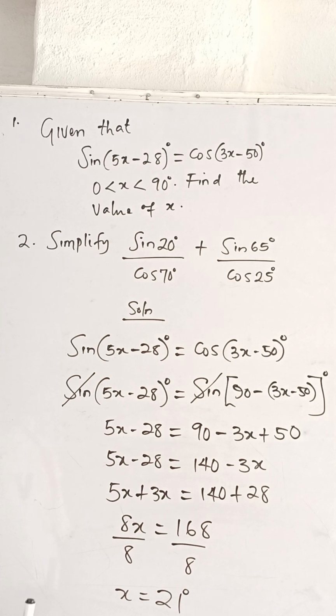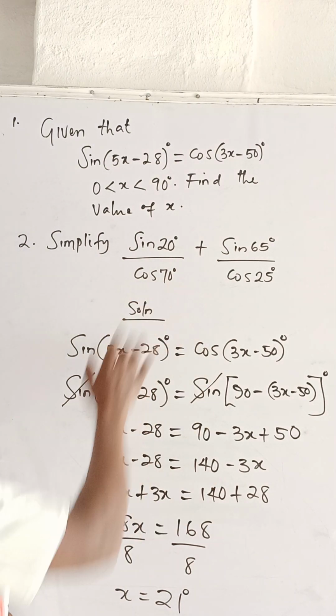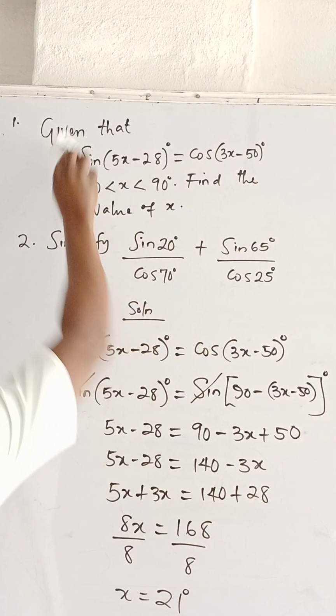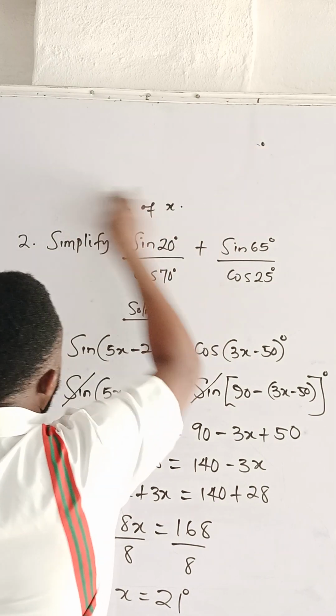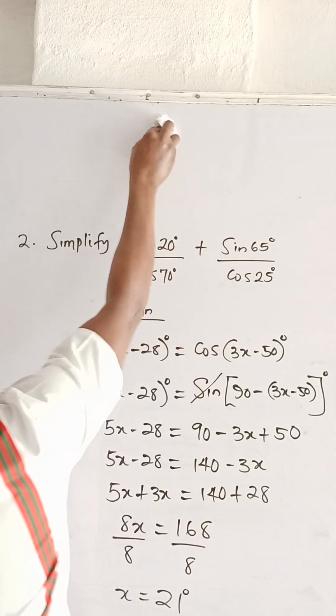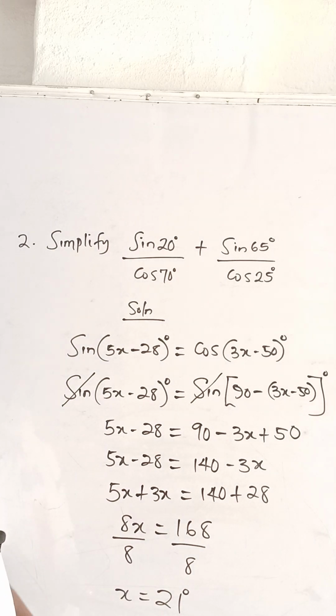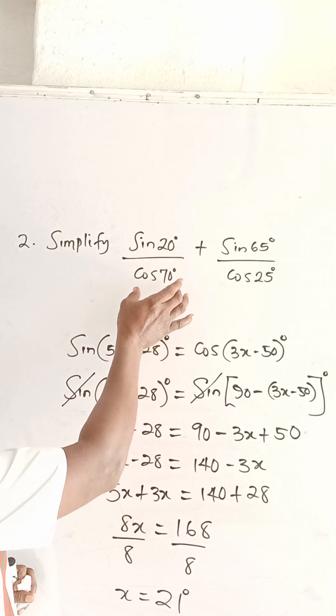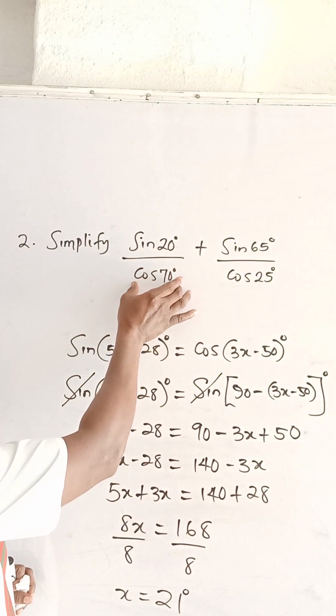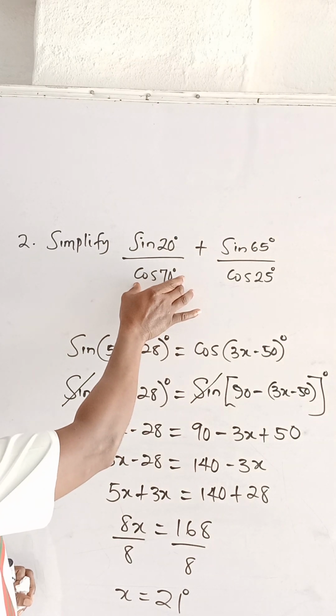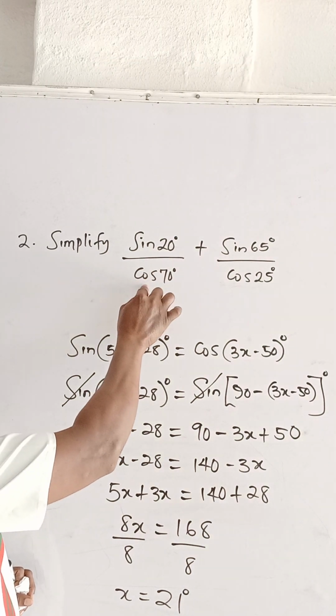Now for the second one, this is even much simpler than the one we just solved. It is the same property. The solution to this second problem is a one-step solution, what I call the razor-sharp approach. What I will do to this cosine 70 is to find the complement, which is sine 20.